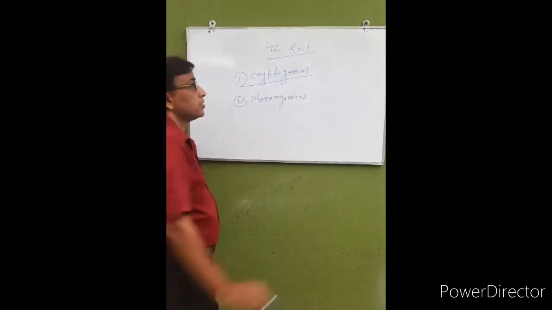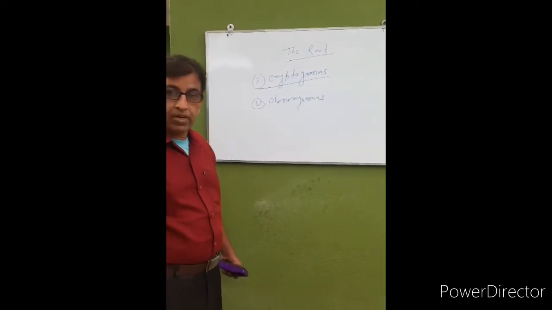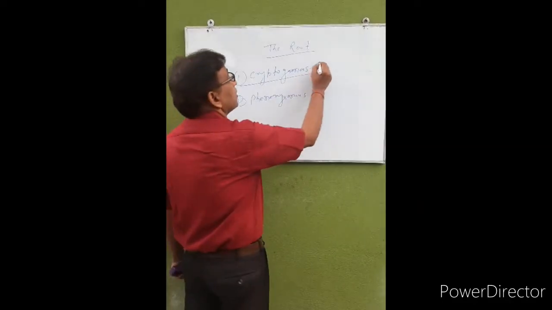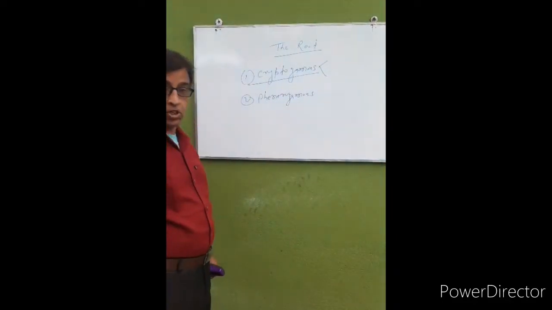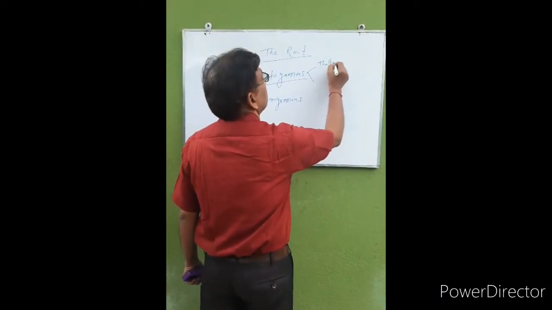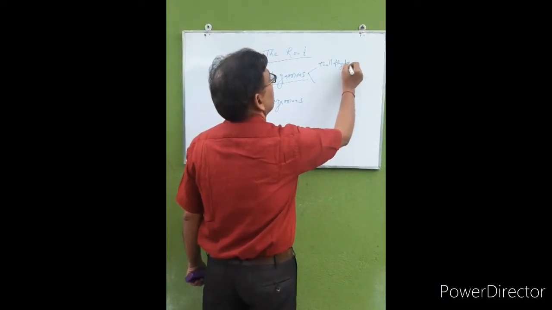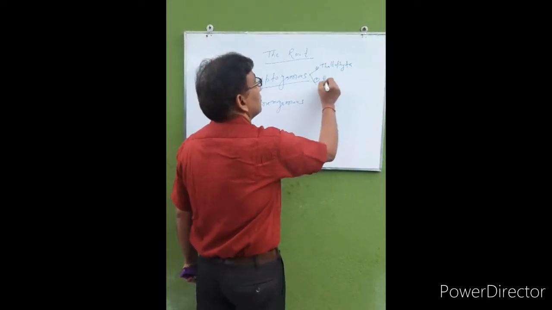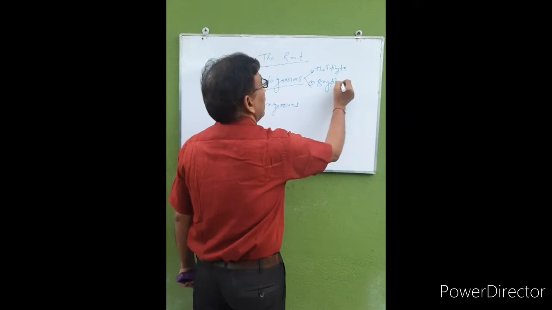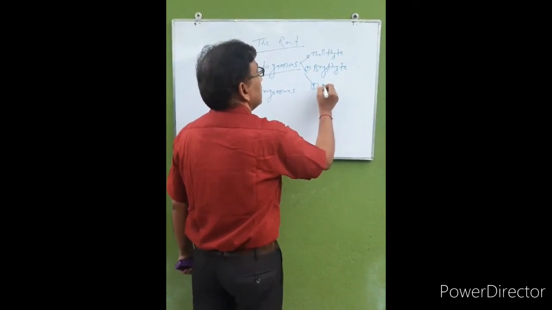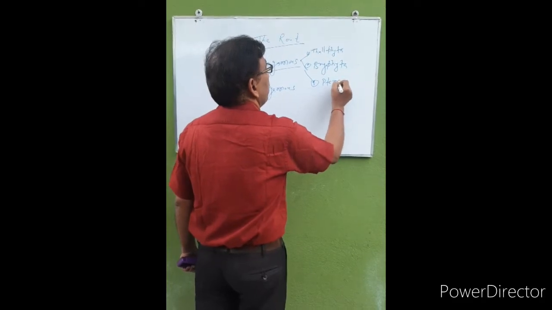Cryptogamous means non-flowering plants, and this cryptogamous is further divided into three groups: Halophyta, Bryophyta, and Pteridophyta.